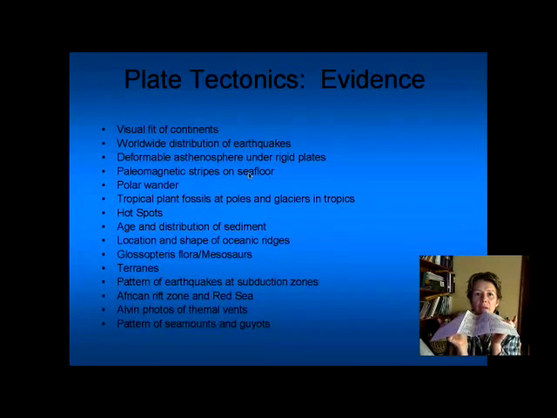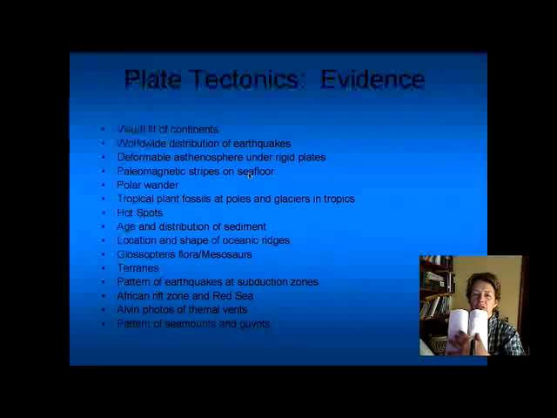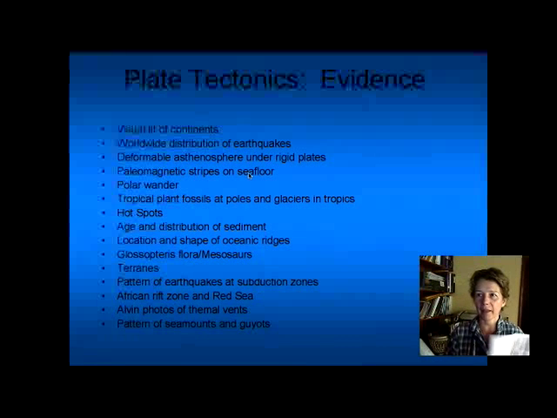And there would be stripes on the sea floor, whereas this would be the youngest ocean. Here would be like a new Atlantic. And then here would be a medium age Atlantic. And then here would be kind of a teenager Atlantic. And here would be kind of a middle-aged Atlantic. And then here would be the Atlantic that you would see today. But the age would be like that.